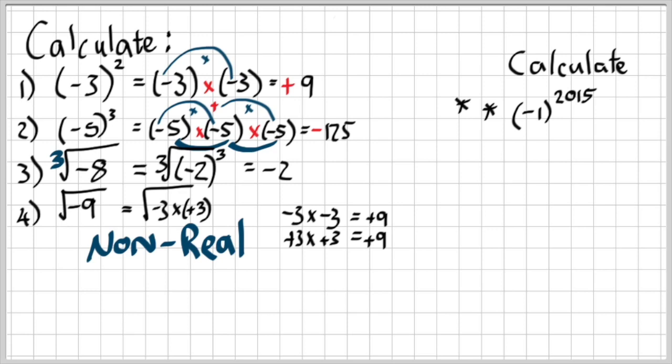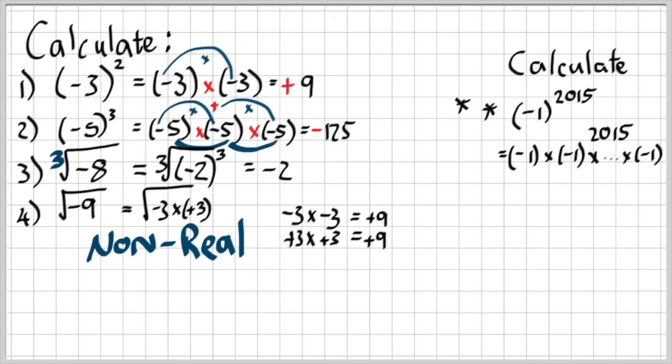How on earth are you going to do that? Well, let's investigate this a little bit. I'm asking you to say negative 1 times by negative 1, 2015 times. That's huge. That's a lot. So what are we going to do? Let's investigate.